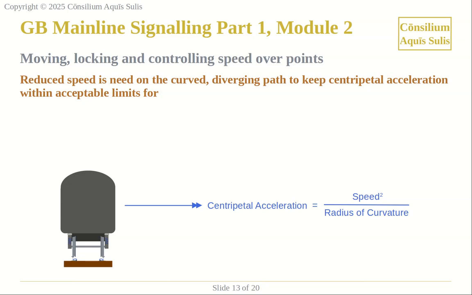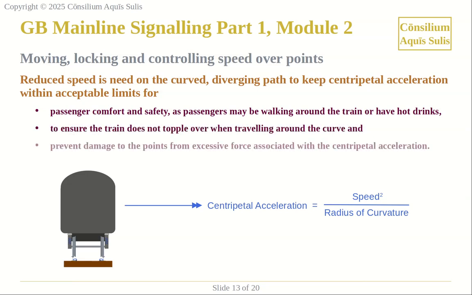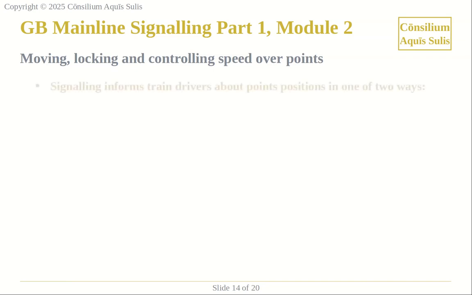Hence, to keep centripetal acceleration within acceptable bounds, we need to reduce the speed. For the sake of passenger comfort and safety, bear in mind that passengers may be walking around the train or carrying hot liquids. We need to make sure ultimately the train doesn't overturn when travelling around the curve, and avoid damage to the points themselves that could result from the force associated with the centripetal acceleration.